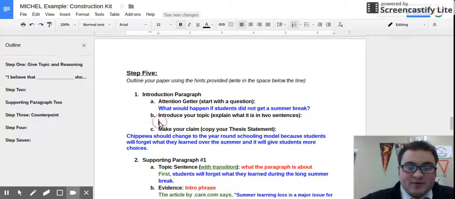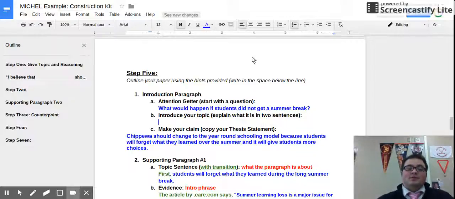That brings us to the next part, introducing your topic. So explain your topic and what's going on. You're going to give your reader a little bit of background knowledge, okay? So my topic is year-round schooling. So I want to add about 2 sentences just explaining what the topic is.